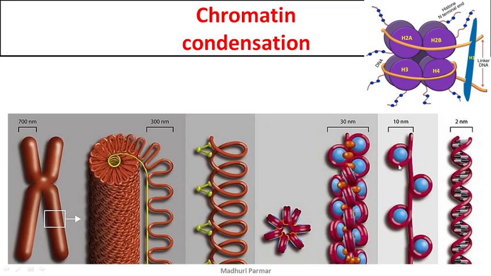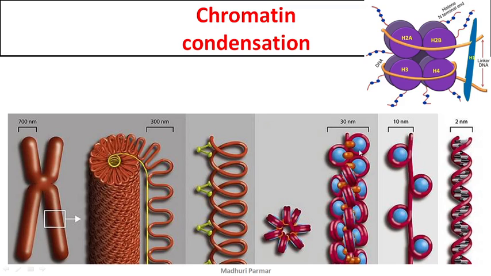The DNA winds around a histone, leaves, and then winds around another histone. The free DNA between the two histone complexes is called linker DNA, because it links nucleosomes, and this linker DNA has the H1 histone. Clear?